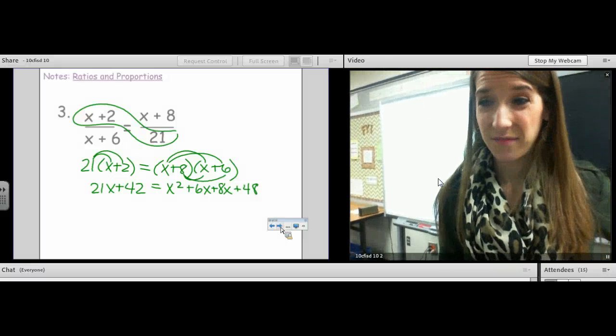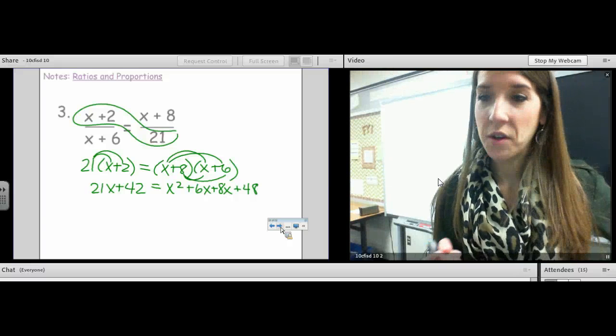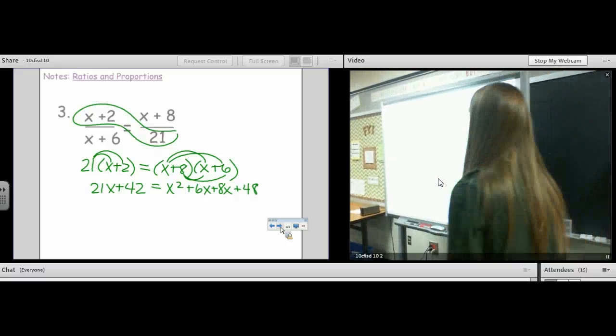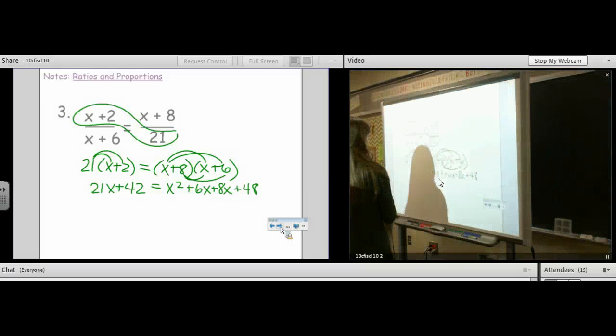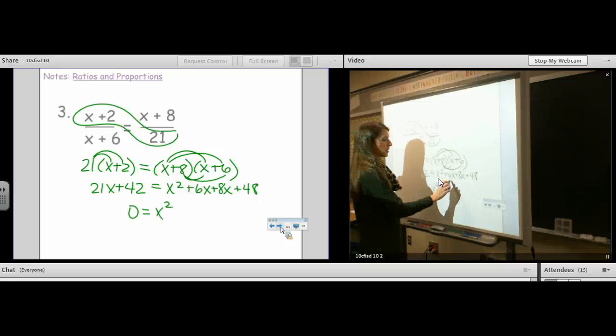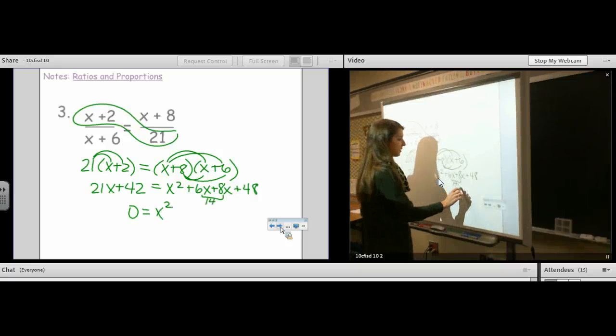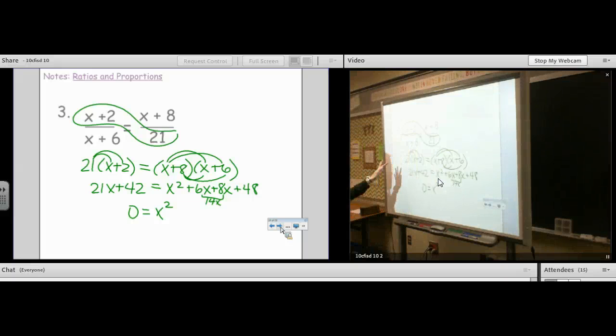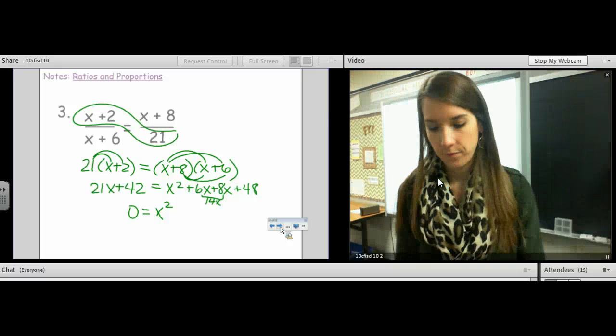That's ugly. It's looking like a quadratic, so we need to make sure that we set it equal to 0. We always set quadratics equal to 0. So 0 equals x squared. Let's see, here I had a 14x. And then I'm going to subtract a 21x because I need to bring it over.